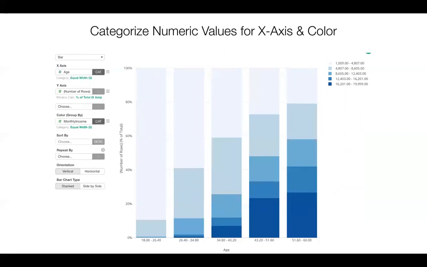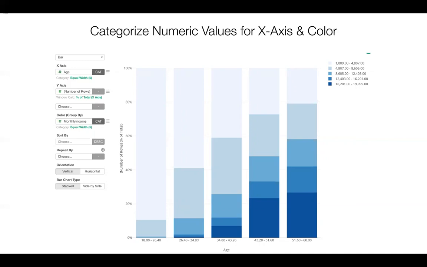And then this is where I assign age. In this case, I'm binning or categorizing numerical values for the x-axis. So the age is now presented by, for example, 18 to 26 years old, 26 to 34 years old, and so on.